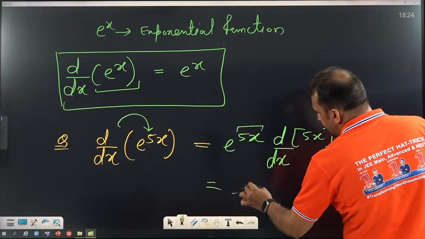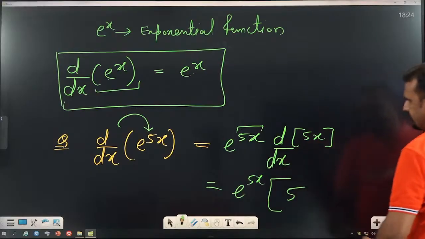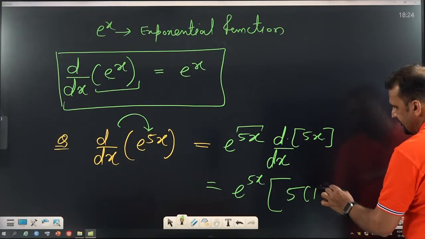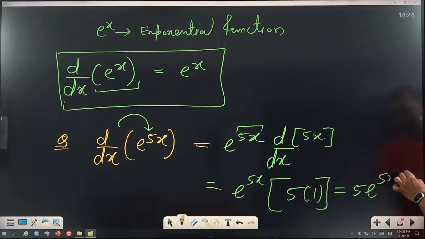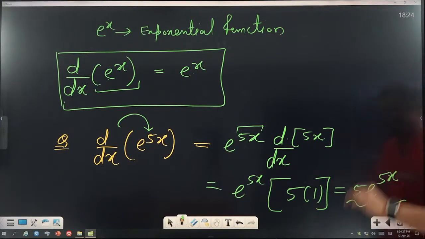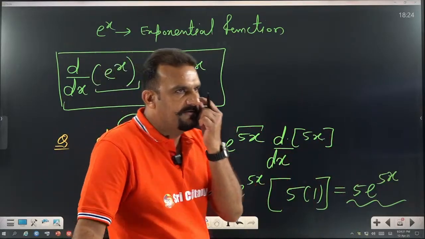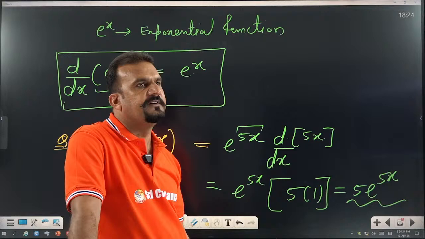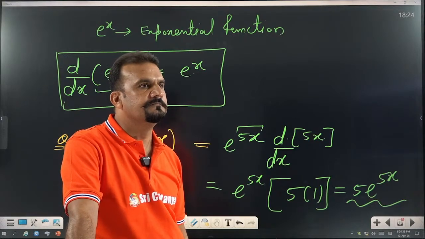Then e power 5x itself is there. 5 is constant and the differentiation of x itself is 1. This is going to be 5 e power 5x. This is the differentiation. Yes or no? Yes, very good. 5 e to the power 5x. Good, very good. I think now you are in flow.